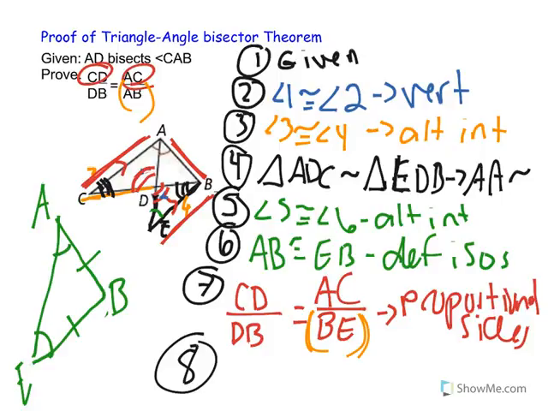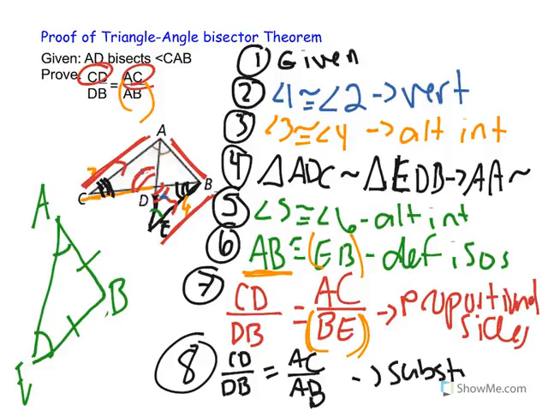But right up above, I said that AB is equal to EB, which is the same thing as BE. So I can substitute AB in for BE. And then that's it. You end it with what you wanted to prove.